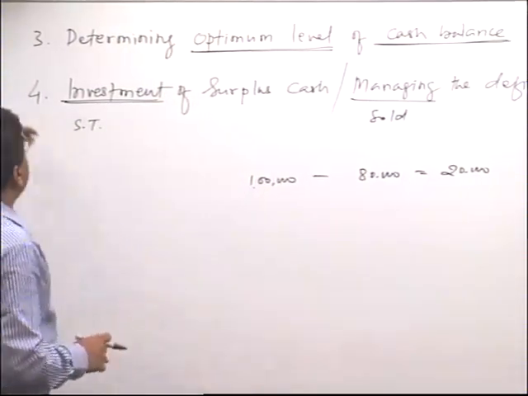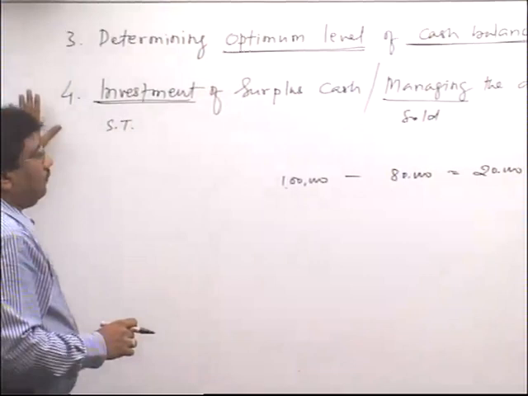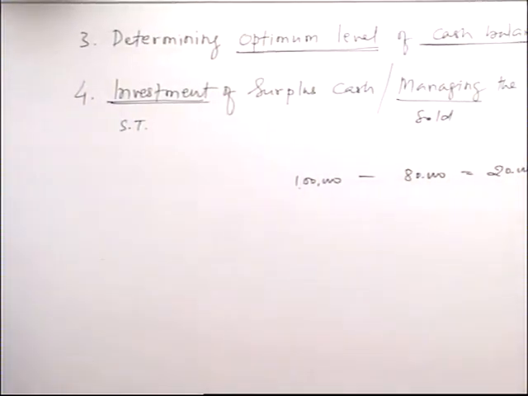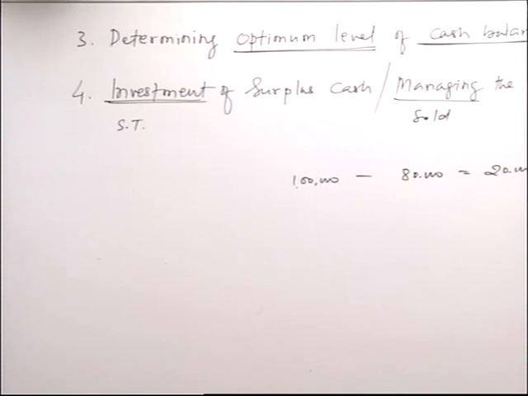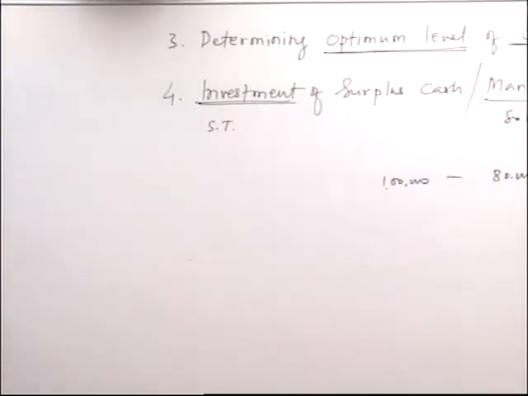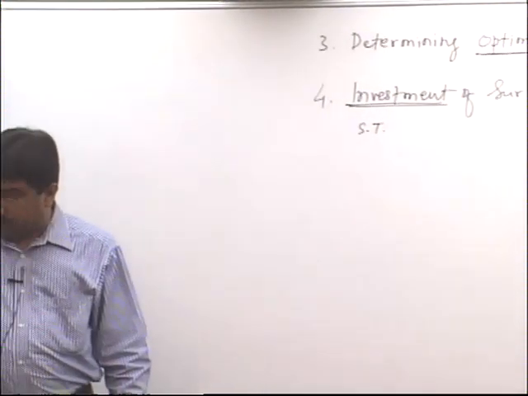Now relating to strategy 3 and 4, we will do sum number 6 and 7 after discussing the theories. Now all the students are requested to see page number 108. There is one question. Explain briefly William J. Baumol's EOQ model for optimum cash balance.